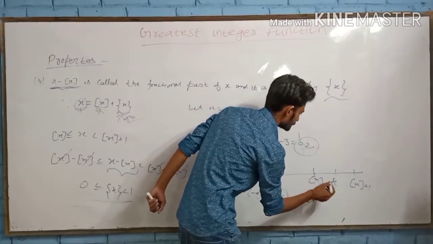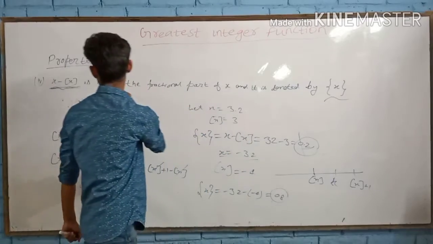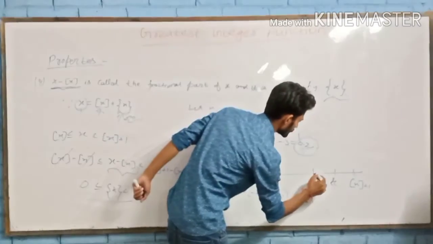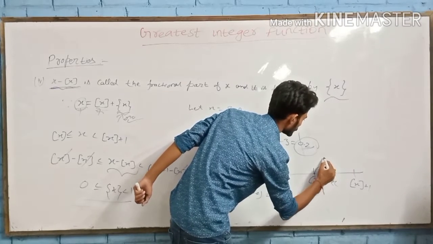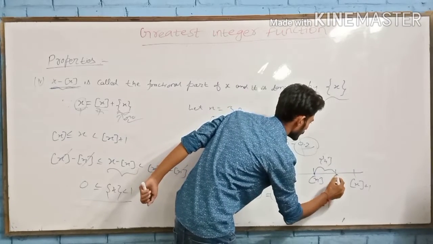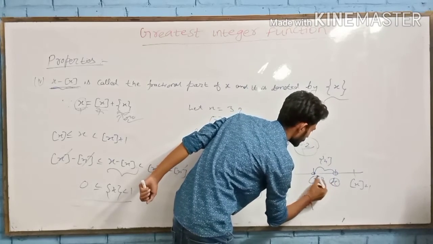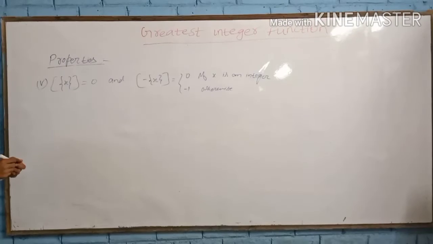As we can see here, x minus ⌊x⌋ is the fractional part of x, because this minus this means x minus ⌊x⌋ is the fractional part of x.